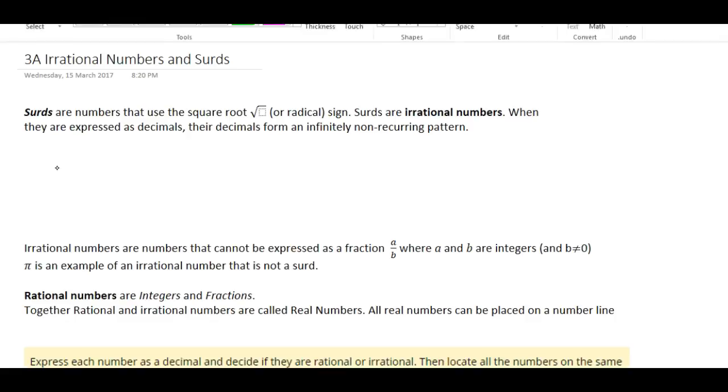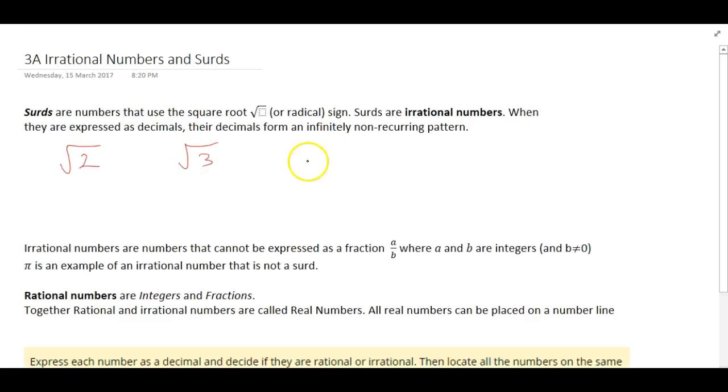Now, I just wanted to give you a couple of examples of numbers that are classed as surds. Let's have a look at the square root of 2, the square root of 3, and the square root of 4. So there are three numbers with the square root over them.